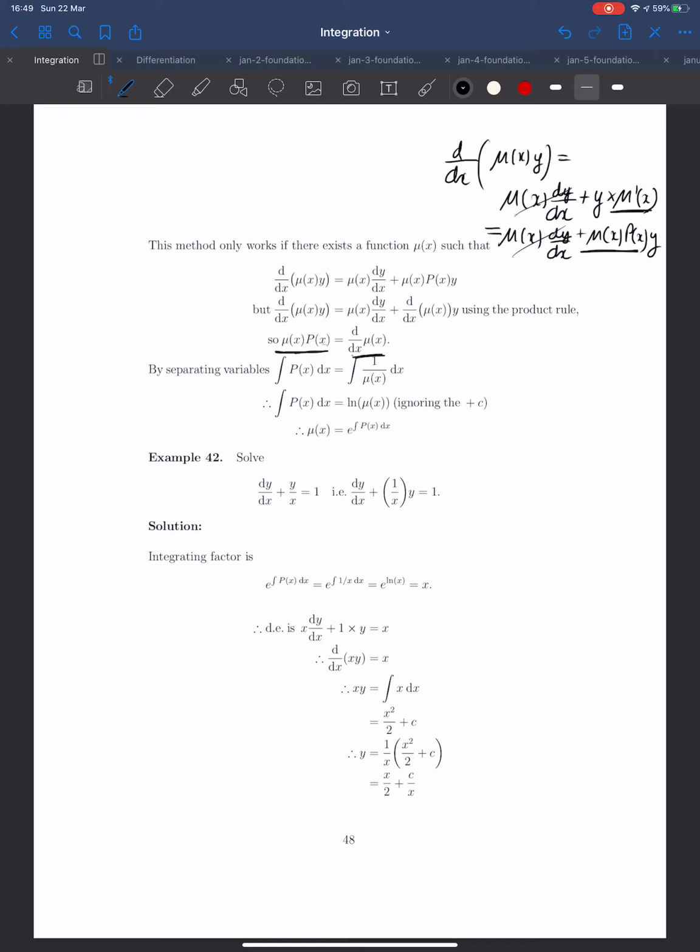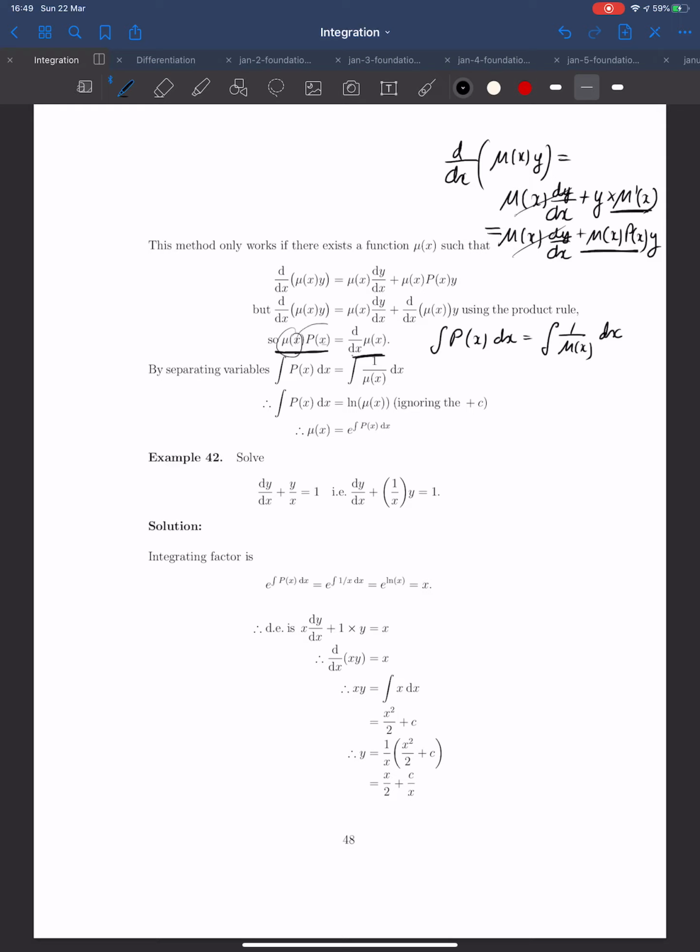Okay, so by separating variables, we're going to have the integral of p of x dx equals the integral of 1 over mu x dx.